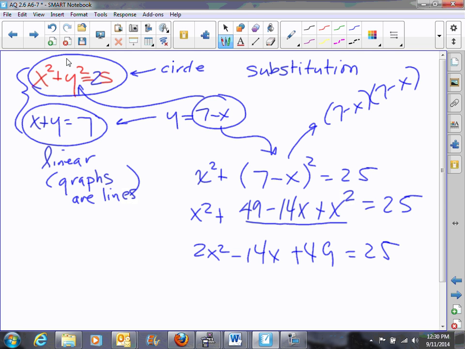Now, when we're solving quadratic equations, we ordinarily write the equations so that everything is on one side and there's 0 on the other side. So we'll subtract 25 from both sides. 2x squared minus 14x plus 24 equals 0. Now, that's what we get when we subtract 25 from both sides.